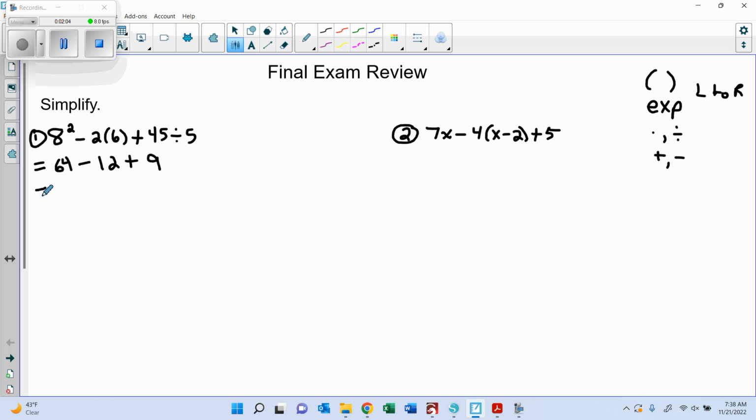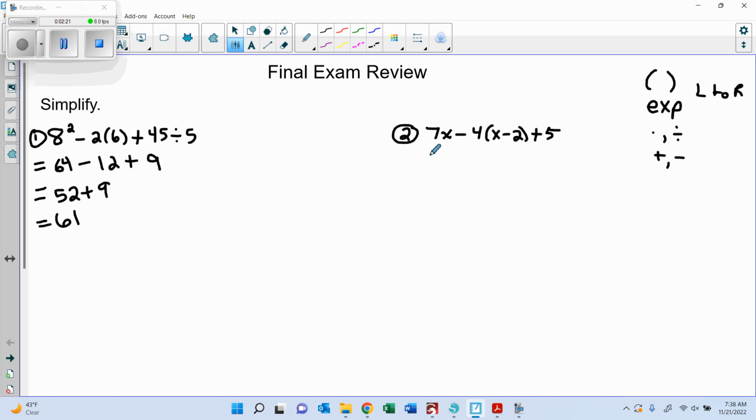And then you would just simply work left to right. So 64 minus 12, which would be 52. And then you still have plus 9. And so then you end up with 61.